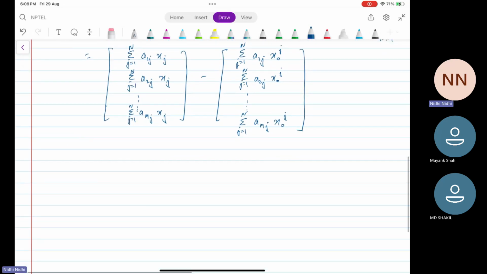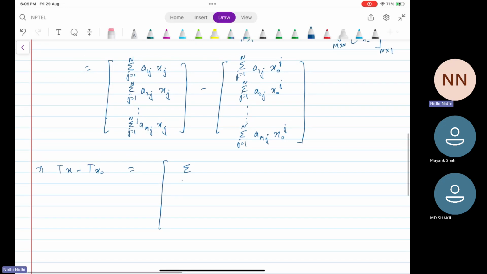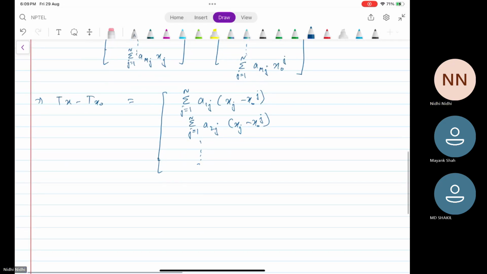So Tx minus Tx naught is a vector which is equal to summation j from 1 to n a1j times xj minus x naught j, then summation j from 1 to n a2j times xj minus x naught j, and so on up to summation j from 1 to n amj times xj minus x naught j.